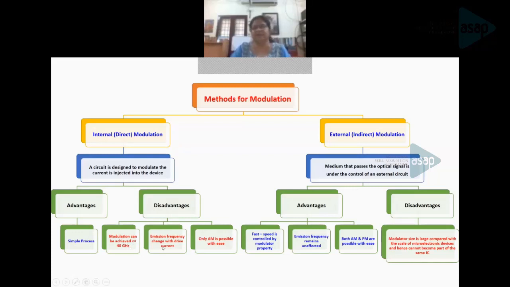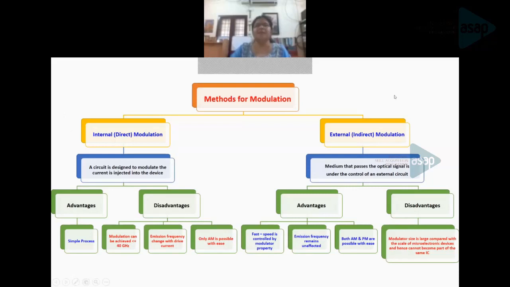The second disadvantage is that the emission frequency changes with the input current. And the third disadvantage is that only amplitude modulation is possible with ease. These three are the disadvantages for internal or direct modulation.